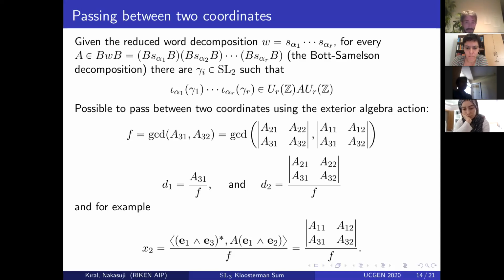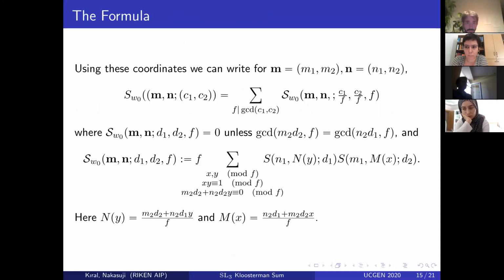And using these coordinates, you can write the Kloosterman sum in parameterized form. And this is the formula. So what is it?